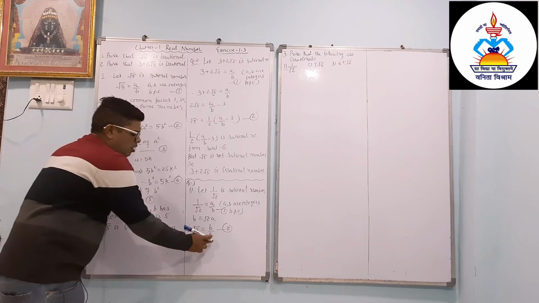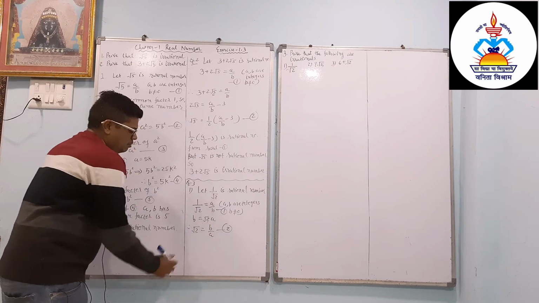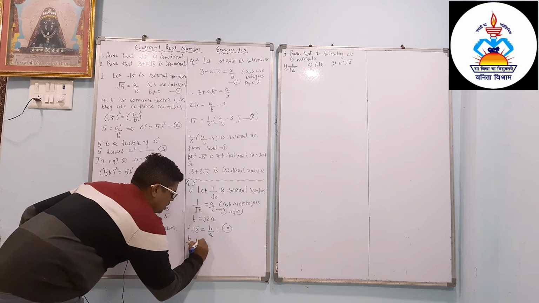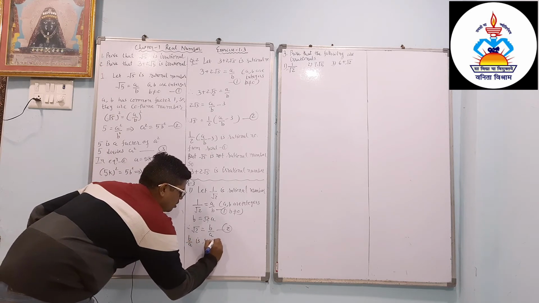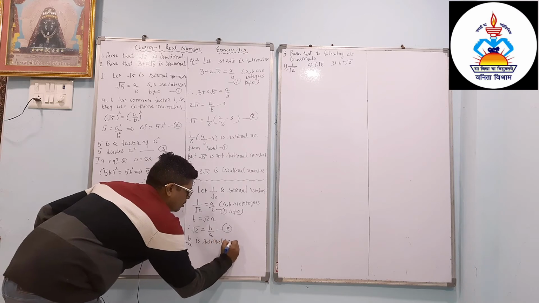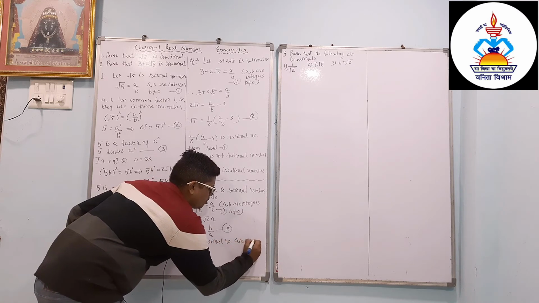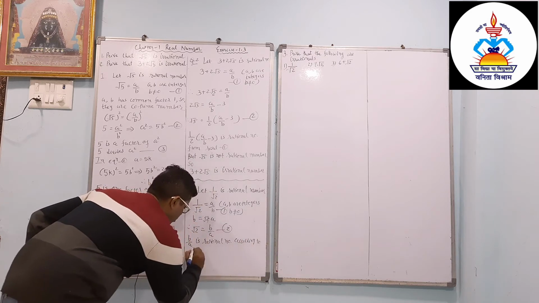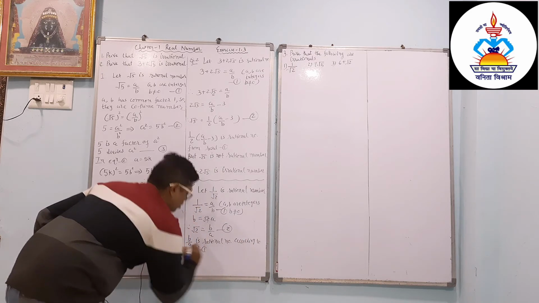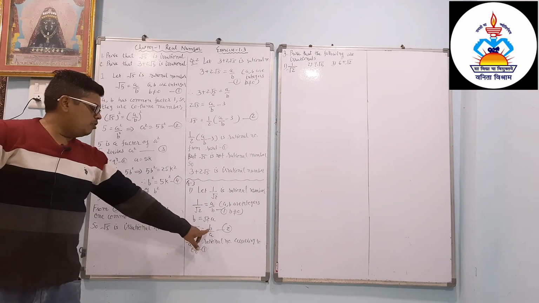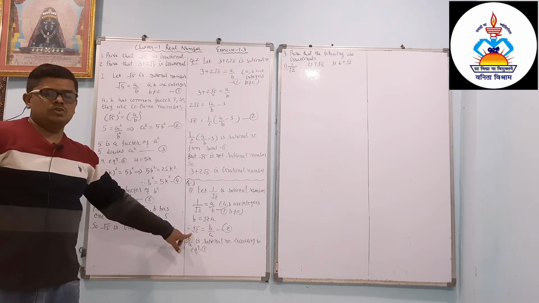So B upon A is a rational number according to our assumption, according to equation number 1. If B upon A is a rational number, then root 2 would also be a rational number.